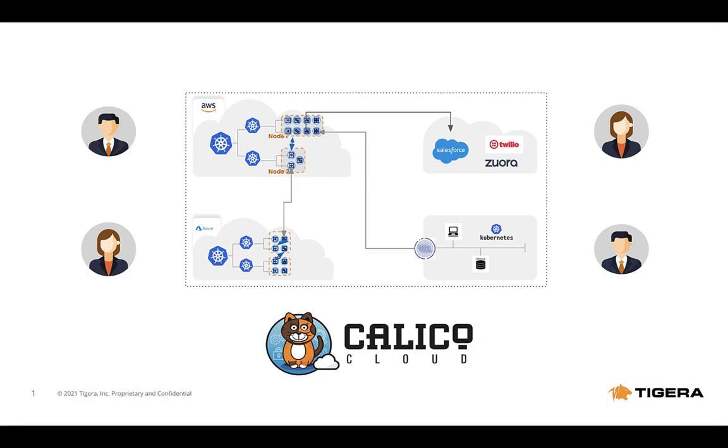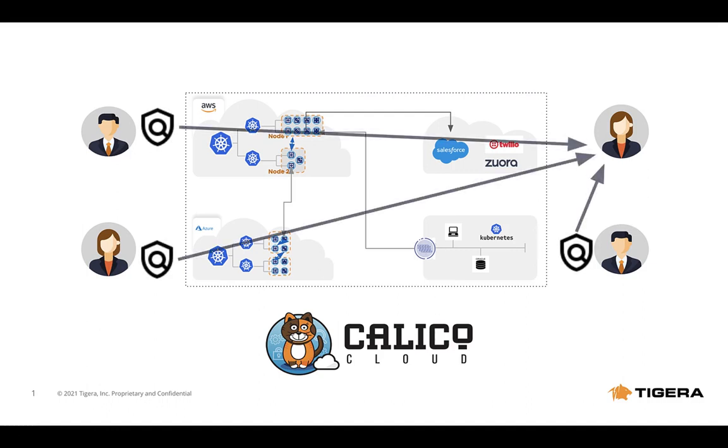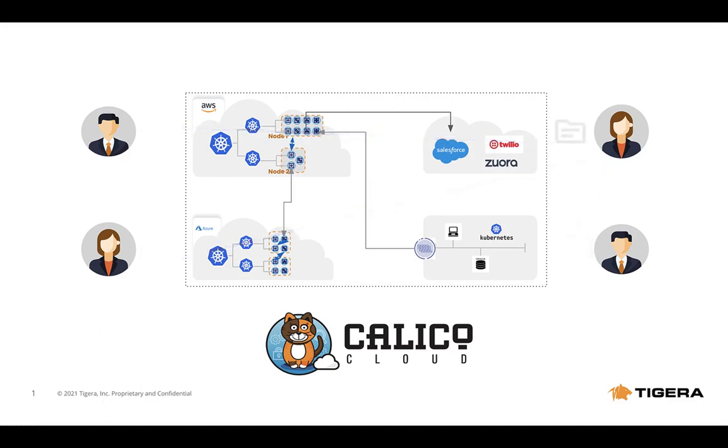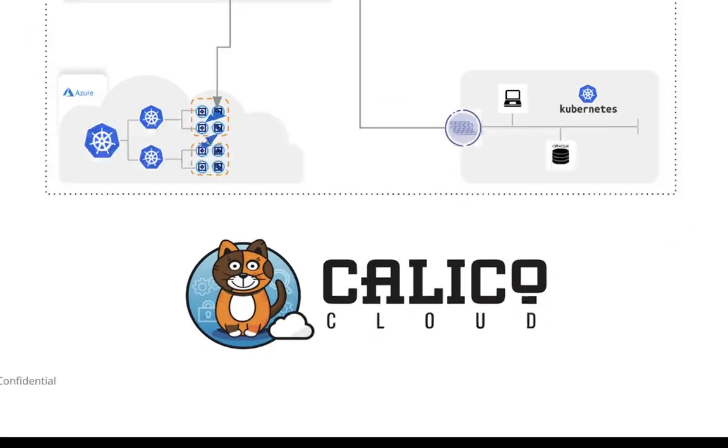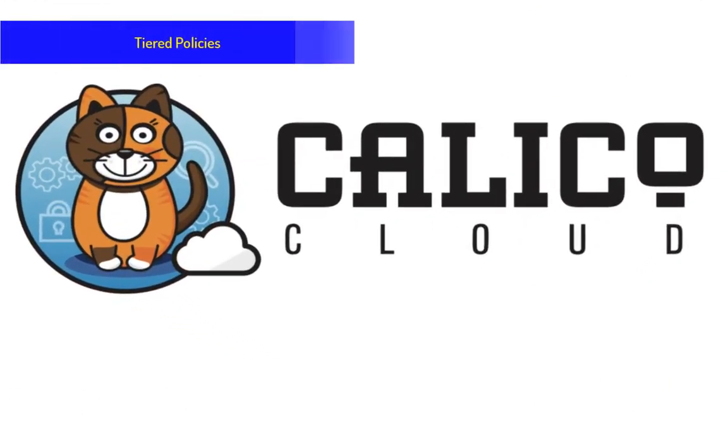A possible solution for the developers is to deploy their applications and request access from a person or group that manages security. That person then will review and define a security policy and eventually push it to the cluster to allow the connectivity within the application. But decentralized policy review and creation slows the deployment speed.